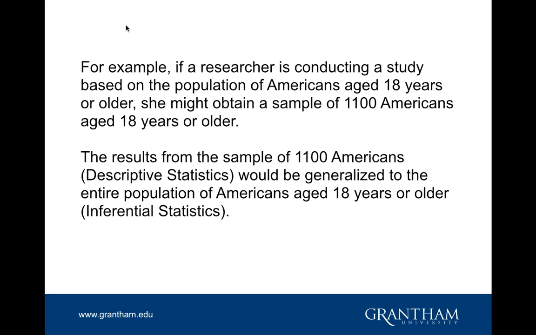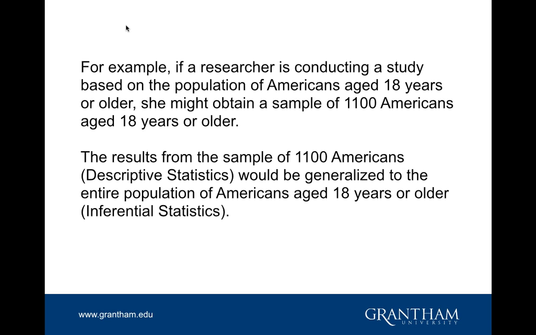So what she does is she gets a sample. She takes a sample of 1,100 Americans and she gets information from this sample. The information she gets from the sample is called descriptive statistics. Now, after she gets this information from the sample, she wants to make a generalization about the population.